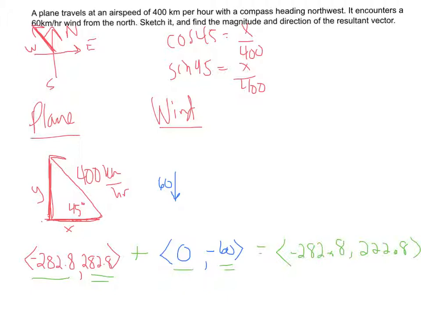So it asks us to find the magnitude and direction of that vector. So what this is telling me is that the vector is going to have an x value of negative 282.8 and a y value of positive 222.8. So this is going to be our resultant vector right here.